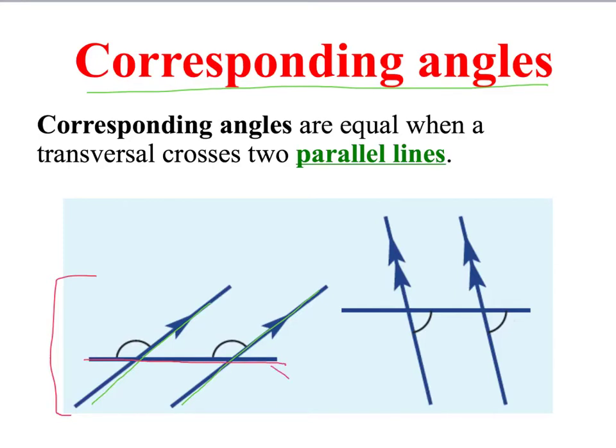This is my transversal. When my 2 other lines are parallel, and only if they are parallel, one type of angle that's formed is corresponding. Corresponding angles will be in this corner and this corner. They're not next to each other, they're not beside each other, but they are there and there.